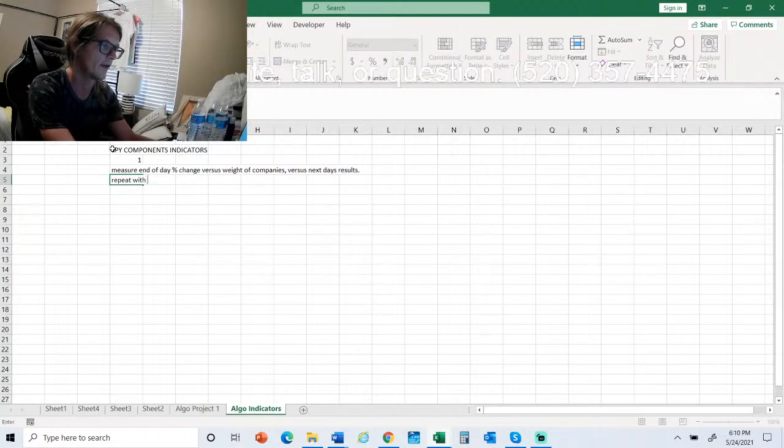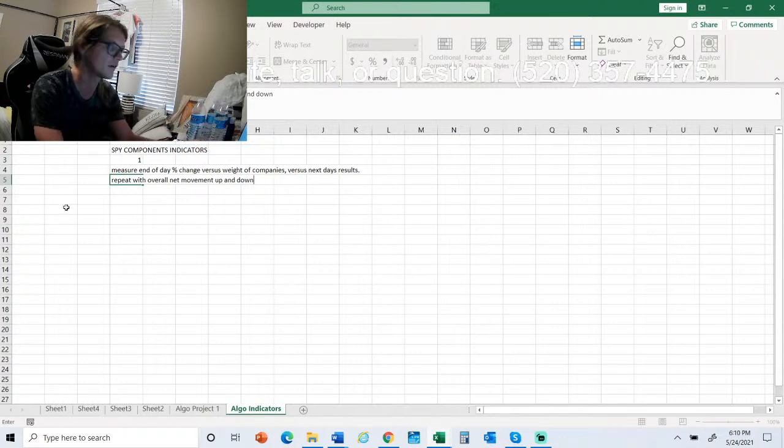Repeat with overall net movement up and down. What do they call it? Like, you call it the sum, but not the sum because you want all the numbers to be positive. So you change the negatives to positives and you add them all up together.